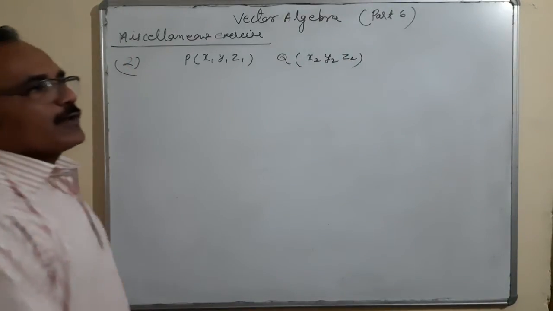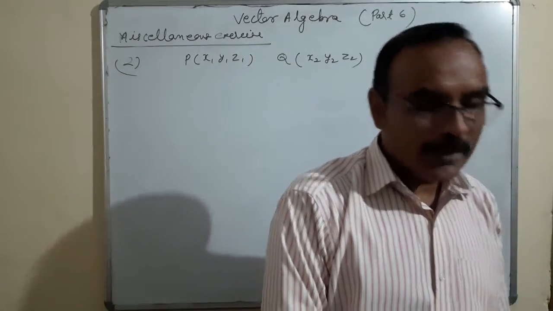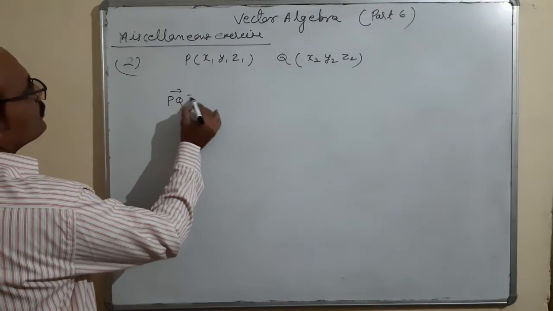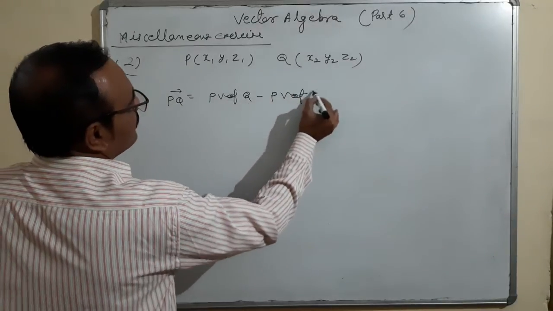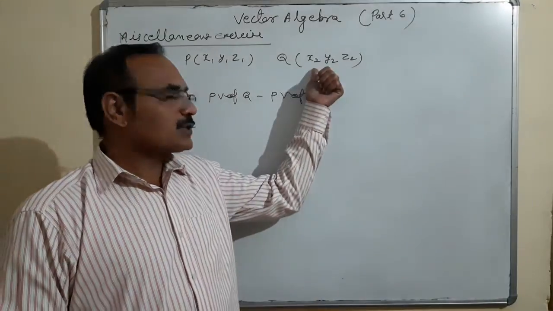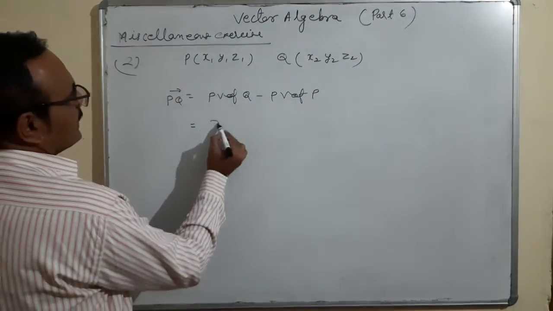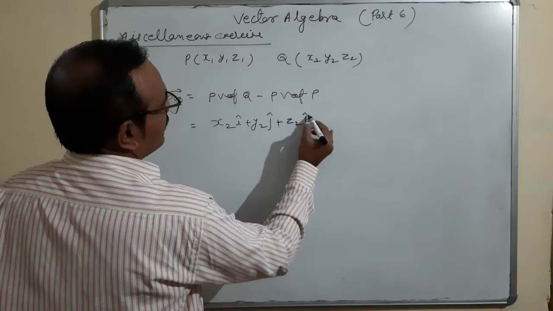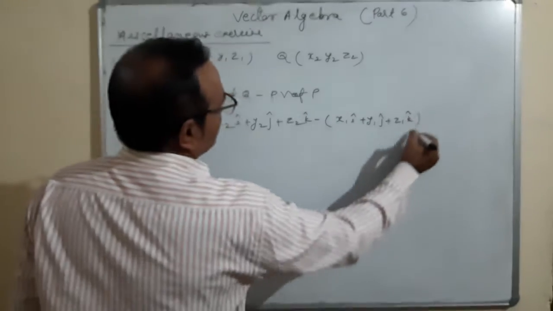We are going to find the scalar components of the vector joining these two points P and Q. So vector PQ is equal to the position vector of Q minus the position vector of P. You know how to write these points in the form of vectors: x2 i plus y2 j plus z2 k minus x1 i plus y1 j plus z1 k.